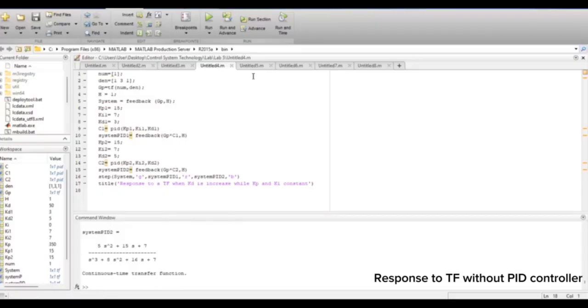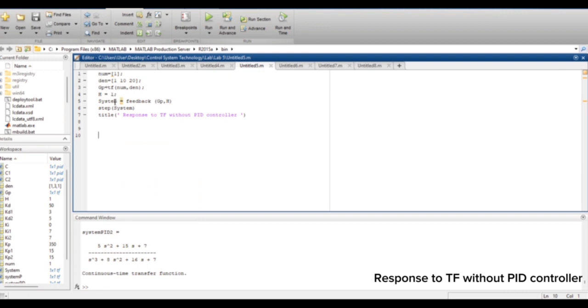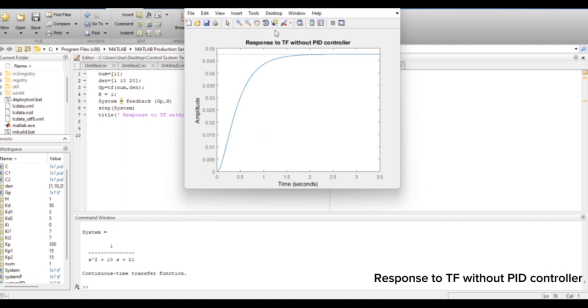So this is the graph for without the PID controller. As you can see, the numerator is 1, the denominator is 1, 10, and 20. And as usual, now I'll run it. So these are the characteristics: peak response, the settling time, then the rise time, then the steady state.